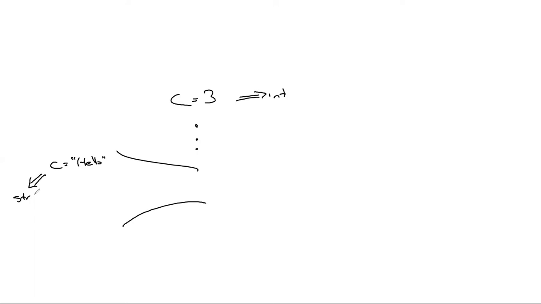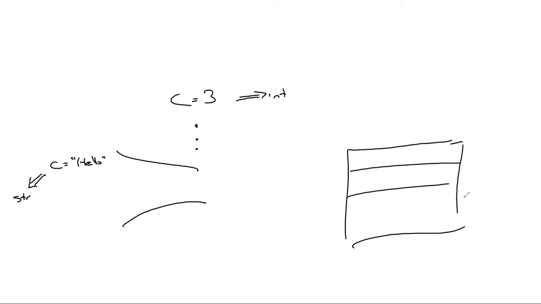There's no problem with that because behind the scenes we are holding a type table, and in our type table we have our C and its type. At first we had it as an integer, and now we have it as a string, and that's okay because we're running all that during runtime. So we actually do hot swapping of code very easily.